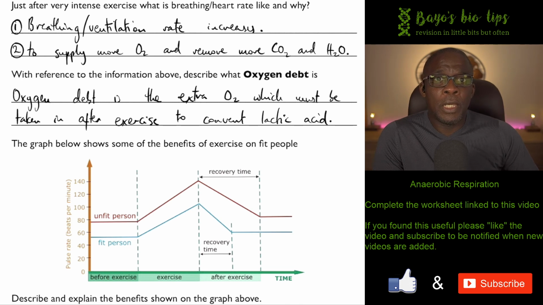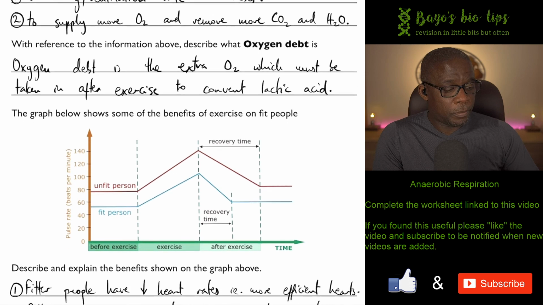It takes less time for them to take in the extra oxygen they need to get rid of the accumulated lactic acid. So on the whole, fitter people are going to end up being healthier and more efficient than unfit people.